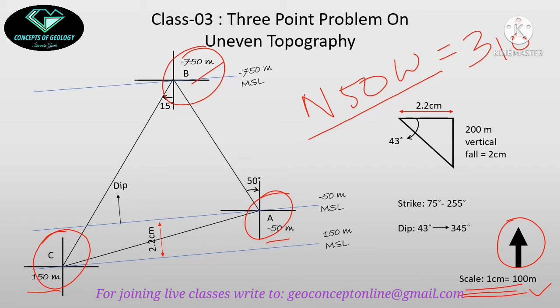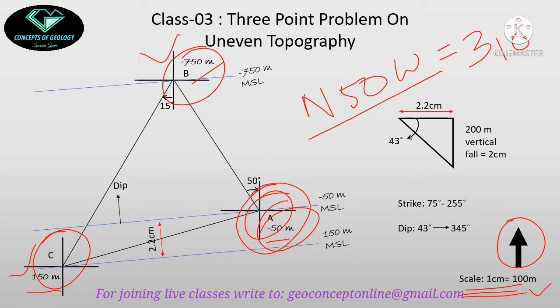In arithmetic sense, minus 750 is the lowest value and positive 150 is the highest value, so we will get this minus 50 meter value in between them.